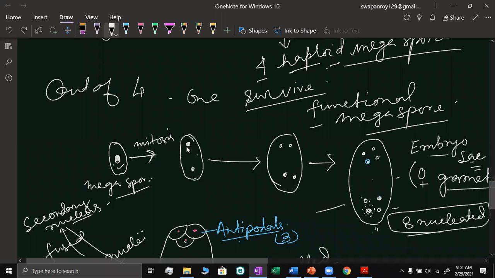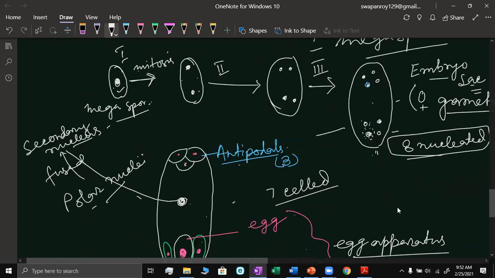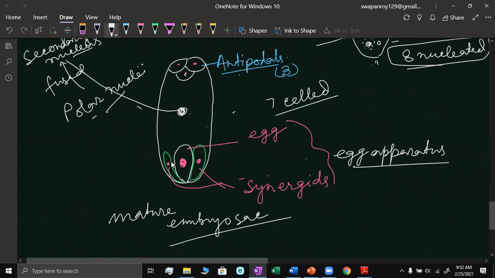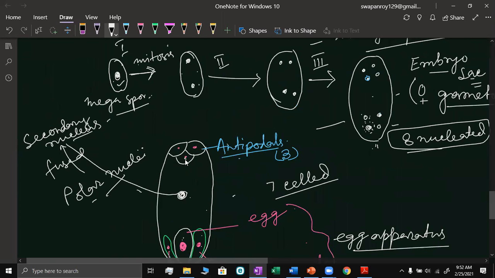So two haploid nuclei; this is the first division. This is the second division of mitosis, and there are 4 haploid nuclei, and then the third division of mitosis, there are 8 haploid nuclei. So all the cells, the synergids, egg, they are haploid. Each antipodal is haploid.